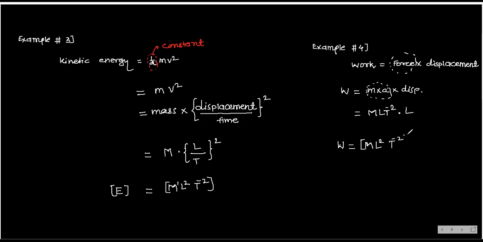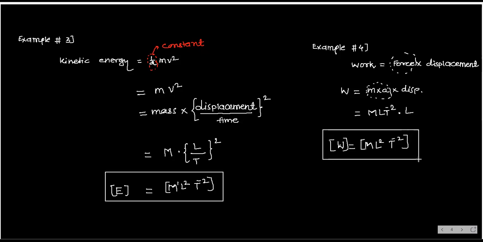So you see now, work and energy both have the same dimensions. So keep it in mind always, those which have the same units will have the same dimensions. So what is the note point here? Keep it in mind. Now kinetic energy, joule, work, joule, potential energy, joule. So they will have the same dimensions.